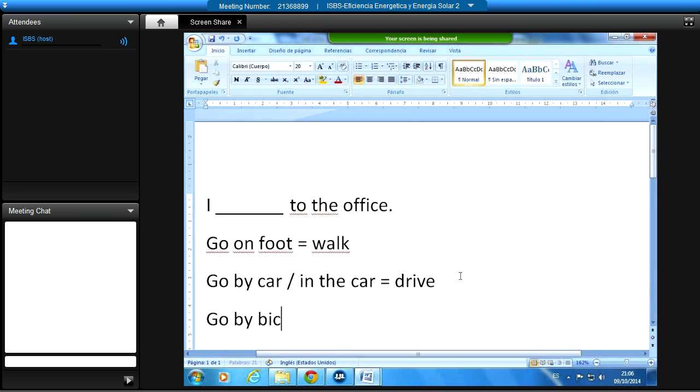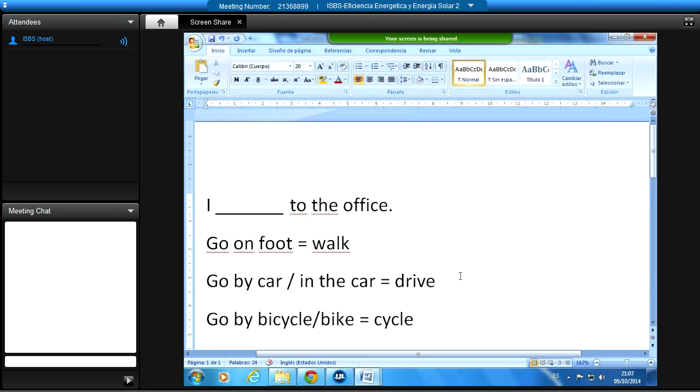If you say to go by bicycle or by bike, you say cycle. For example, in Amsterdam, in Cambridge, in England, people cycle to work.